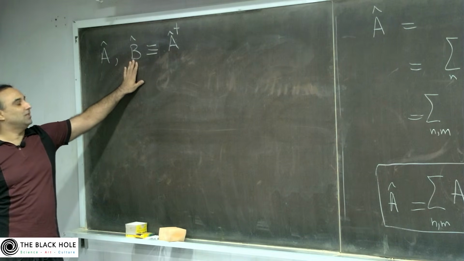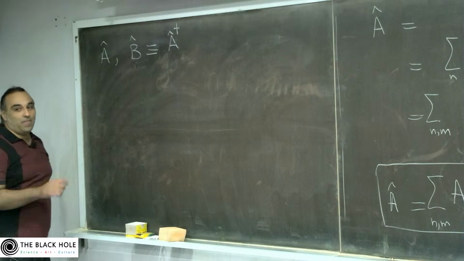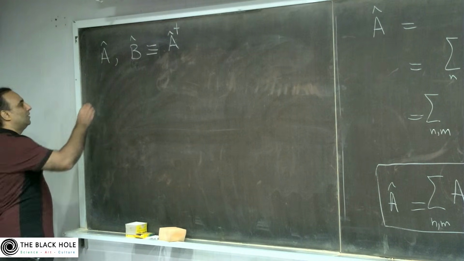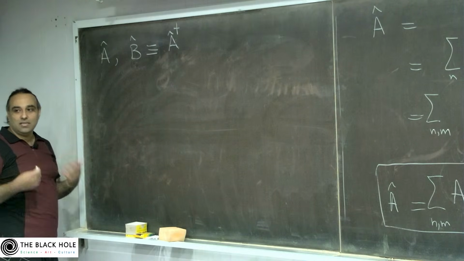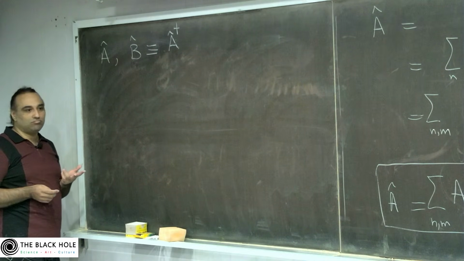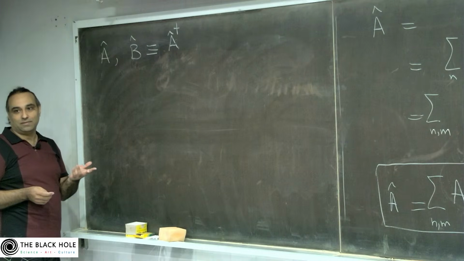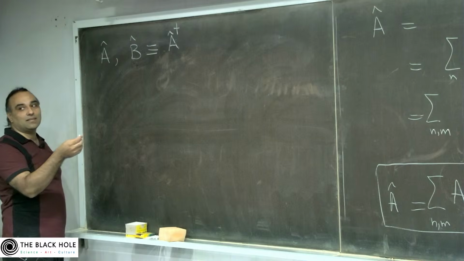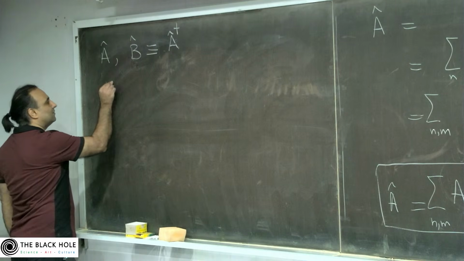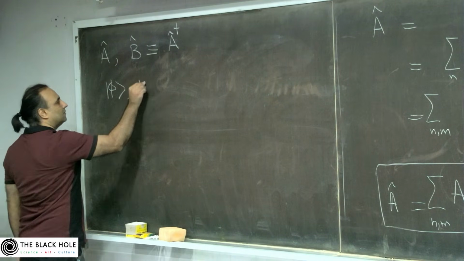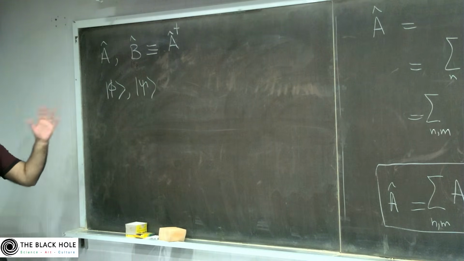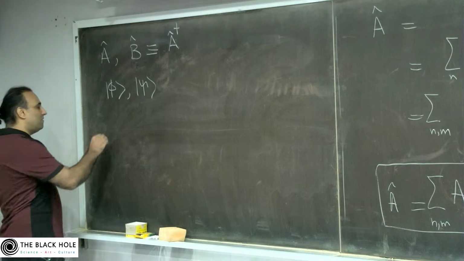Okay, so it's B. Now the way we define this B, we take any arbitrary pair of states in the same Hilbert space. Let's call them phi and psi. They can be any two vectors in the Hilbert space.